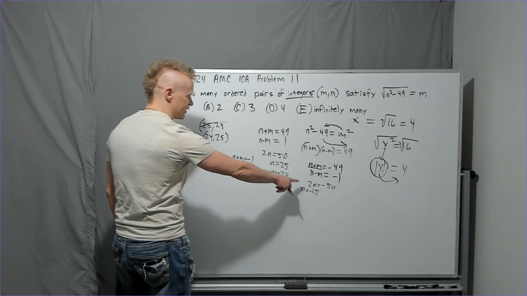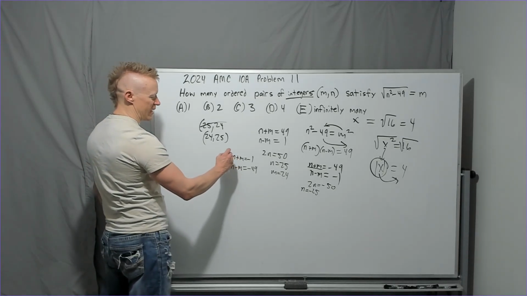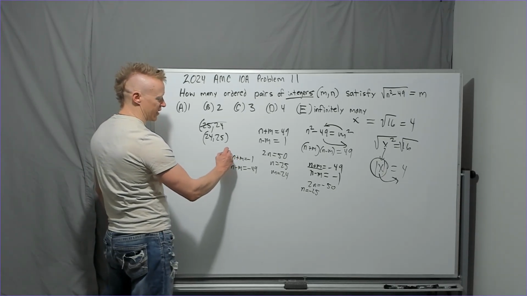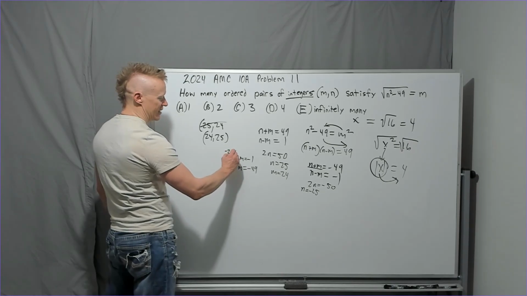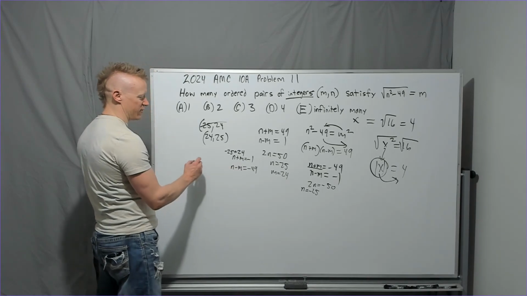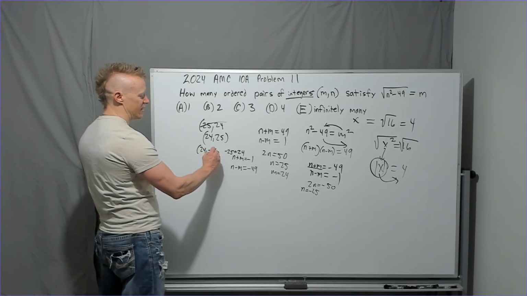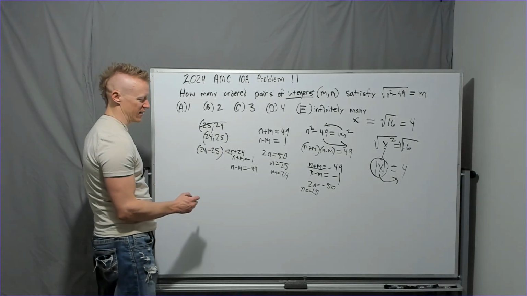Then n is still negative 25. But now, if n is negative 25, m's going to have to be 24. So I could do 24 comma negative 25, no problem.